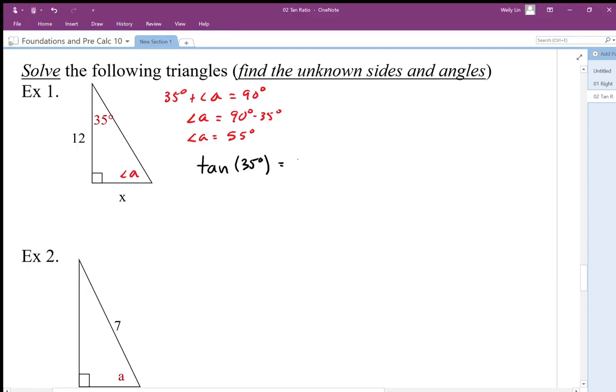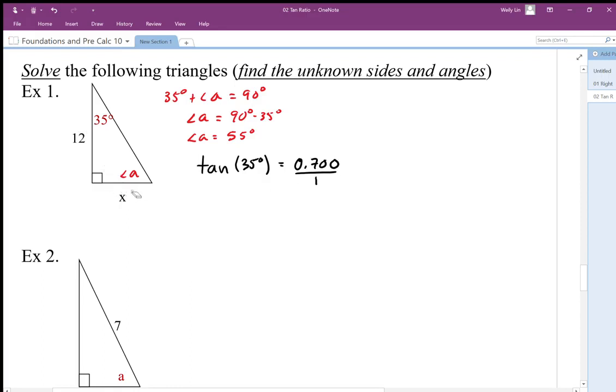of 0.700. And that's a ratio compared to 1. My calculator only gives me the decimal, but I know the other number is 1. What I know about this triangle is that the rise of x and run of 12, opposite over adjacent, is going to be 0.7 to 1.